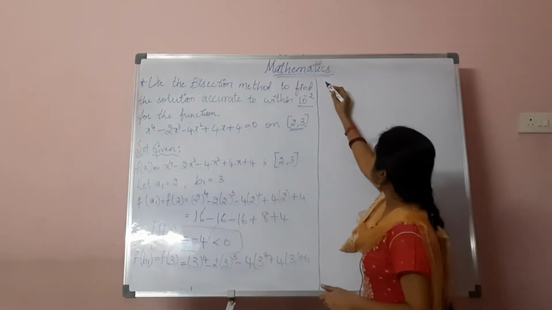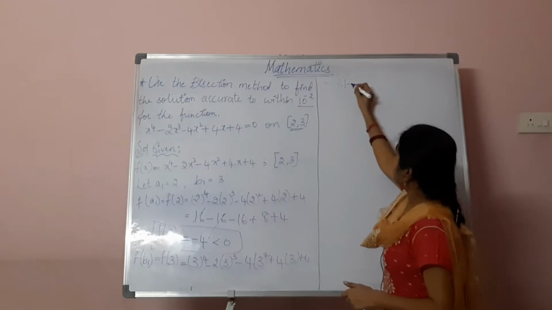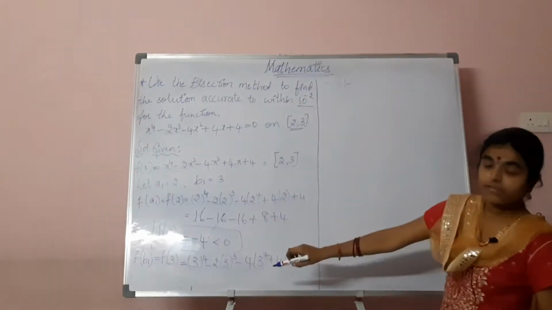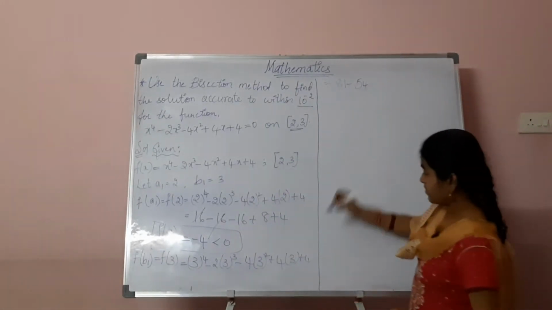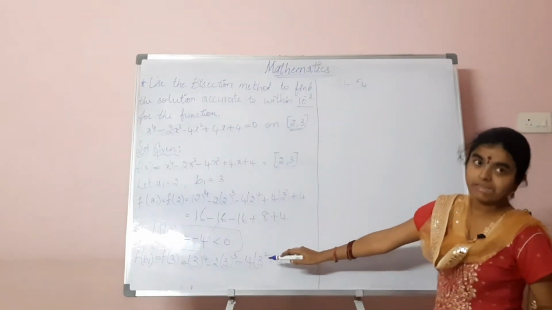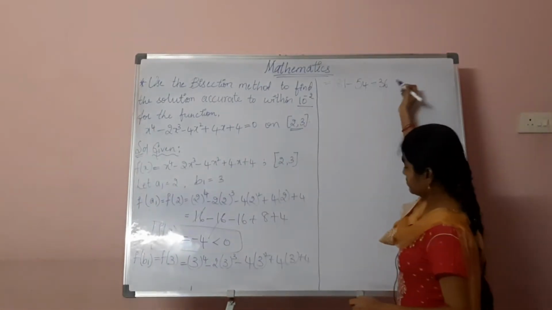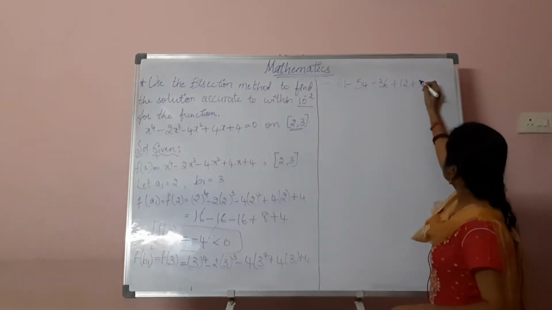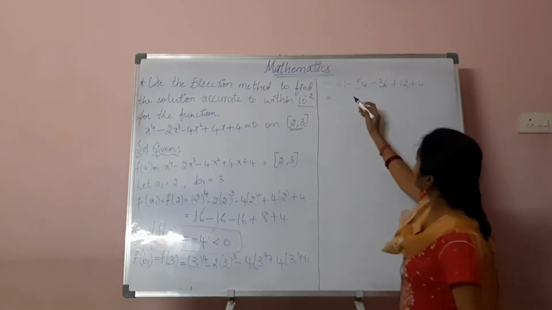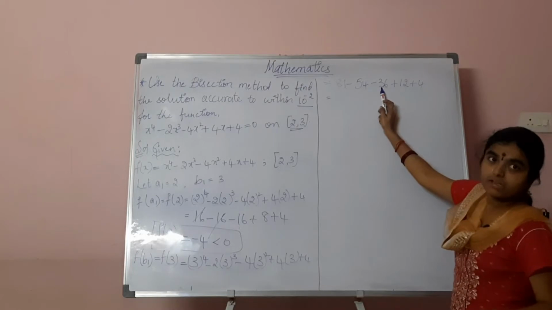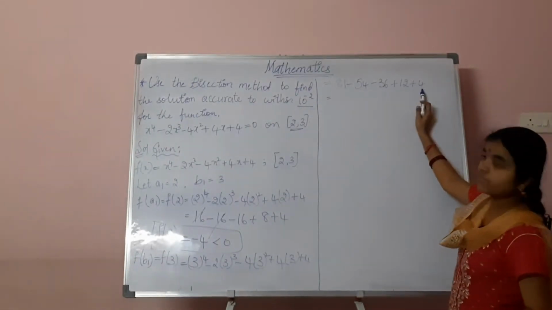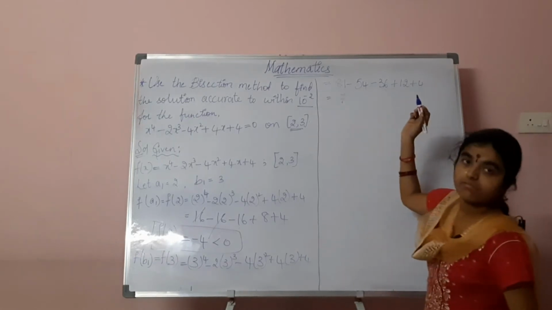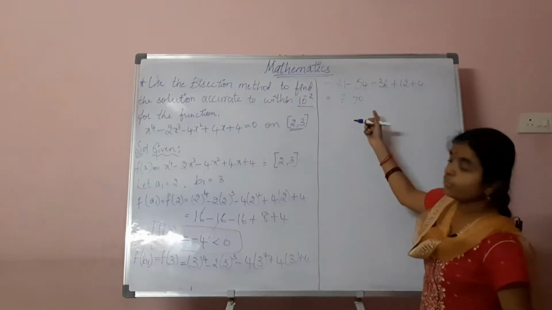So 3 power 4 is 81, minus 2 into 3 cube. 3 cube is 27, 27 into 2 is 54. Minus 4 into 3 square, 3 square is 9, so 36. Plus 4 threes are 12. Next plus 4. So 81 minus 54 minus 36 plus 12 plus 4, after calculating this, we will get 7, which is greater than 0.